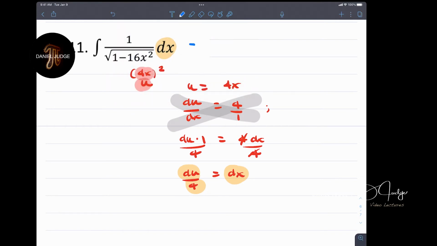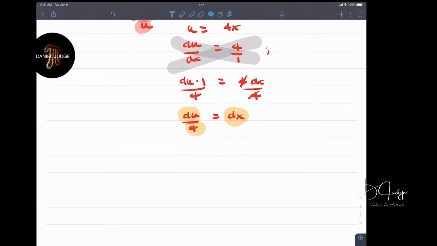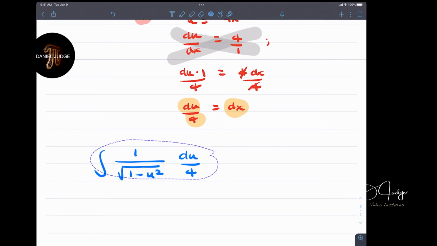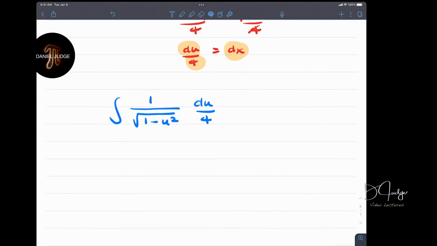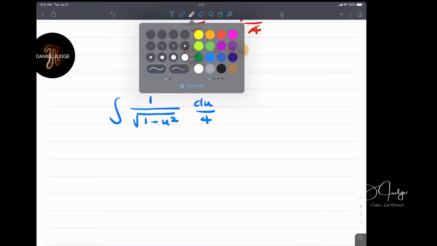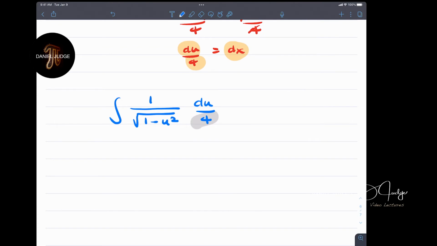So when we do the substitution, that's 1 over the square root of 1 minus u squared. Now dx is du over 4. So don't forget to pull out the constant, 1/4.